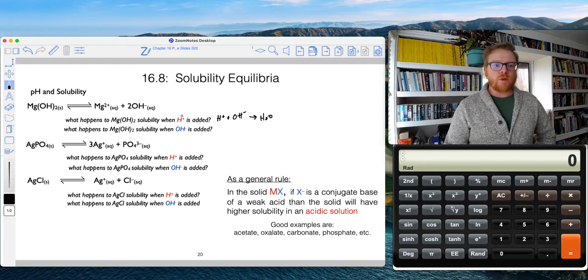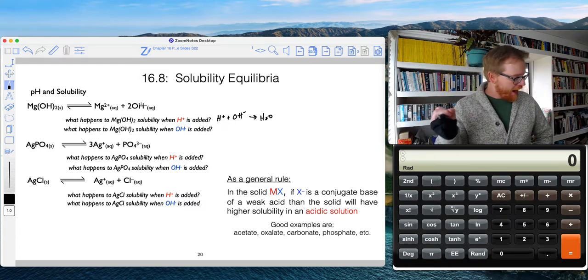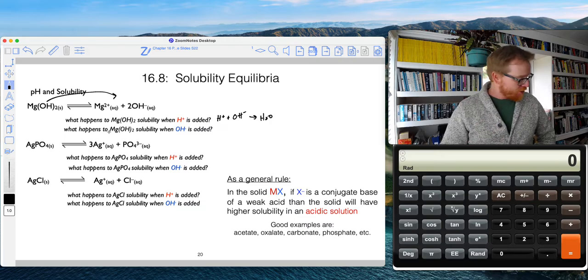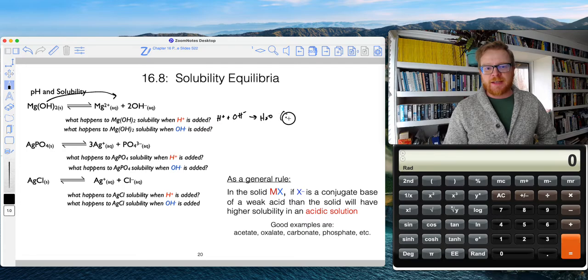So when this reacts away with the hydroxide, that's going to be removing hydroxide. And then we recognize the equilibrium position will then have to push to the right, which means more magnesium hydroxide can dissolve. And so that means it increases its solubility.